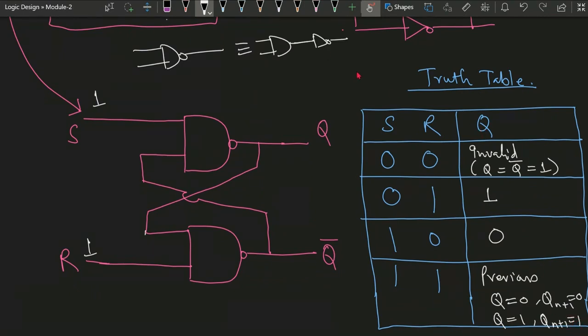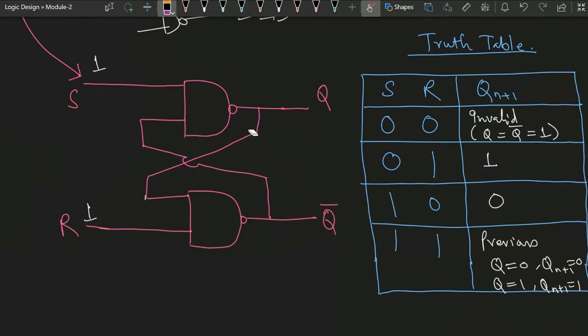So this q is basically indicating the next value, q n plus 1. N plus 1 indicates the next value. Q n is the present value, the value that is there right now, and what will be the value next, that is q n plus 1.